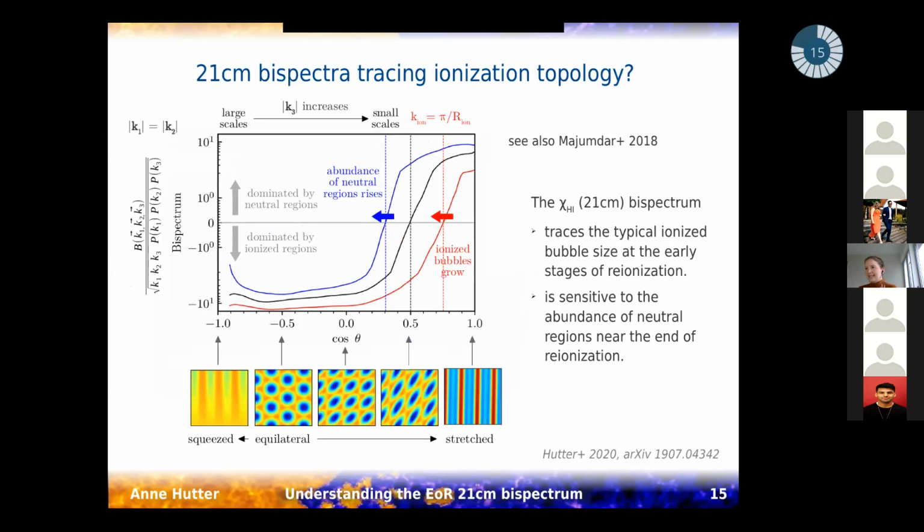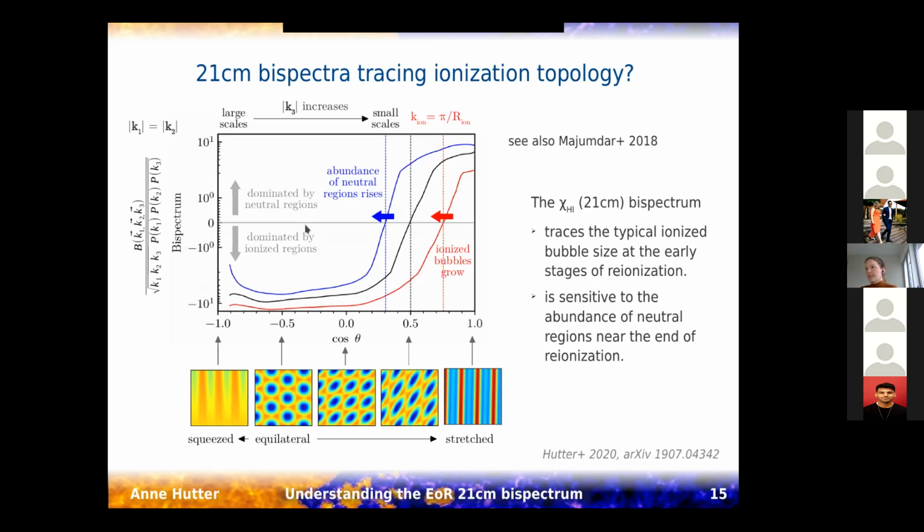If you summarize it here: in the first regime, your sign change traces how the ionized bubbles grow, the typical size of the ionized regions. Then in the middle one, it remains roughly constant around a fixed triangle configuration. And then as the abundance of neutral regions rises and becomes detectable, it will move more towards equilateral triangles.